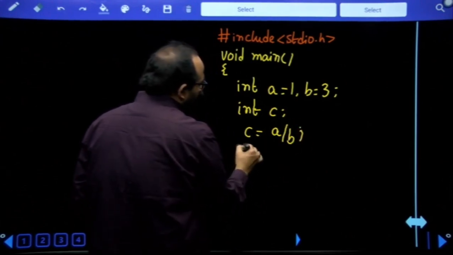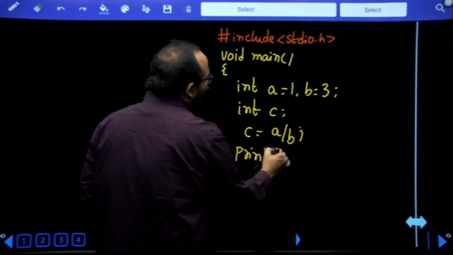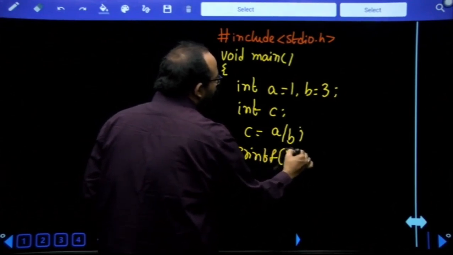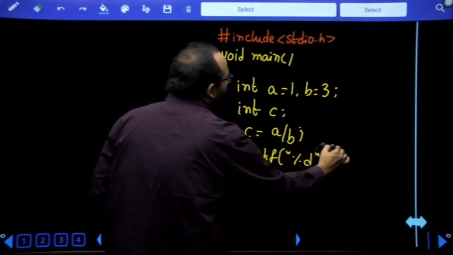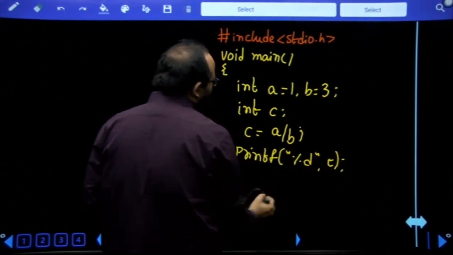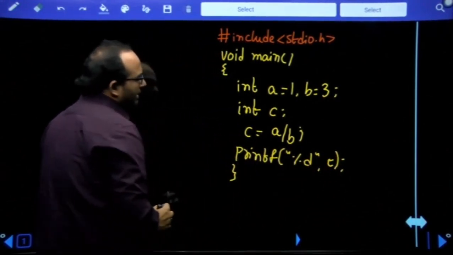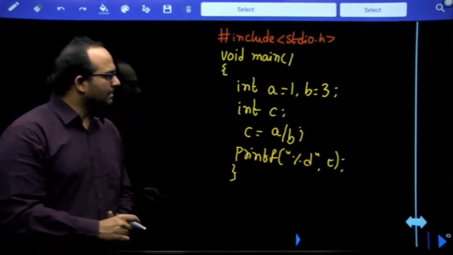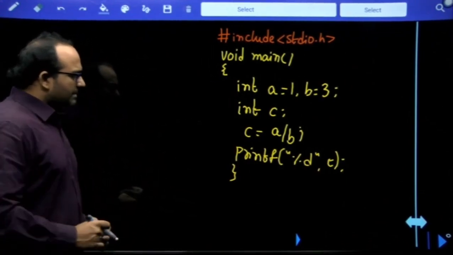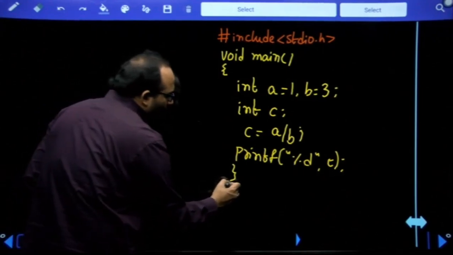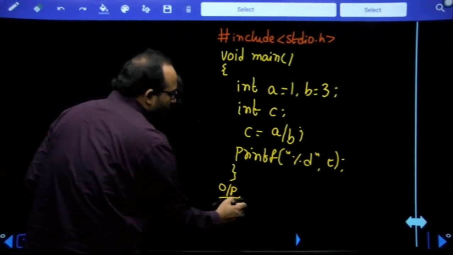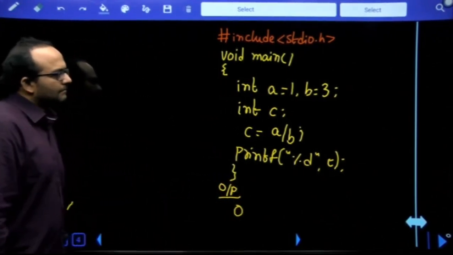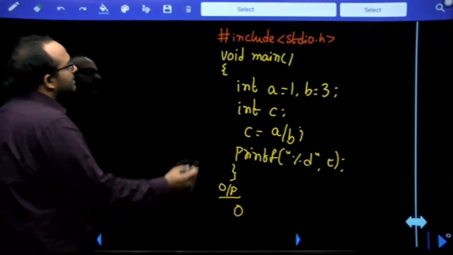And what is the corresponding output displayed by this particular program? We are printing c value, right? So then you need to find what is the output for this particular program. Remember, the output for this program will be 0.